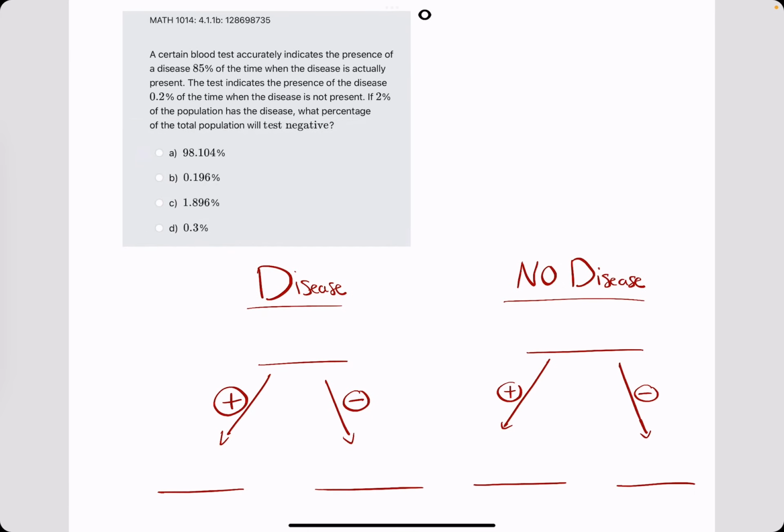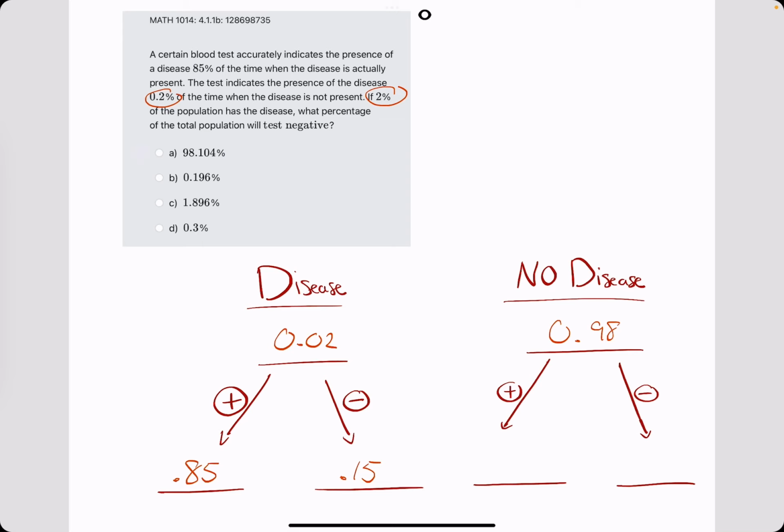All right. 2% have the disease, so 0.02, which means that 98% do not have the disease. 85% will test truly positive, which means that 15% will test falsely negative.